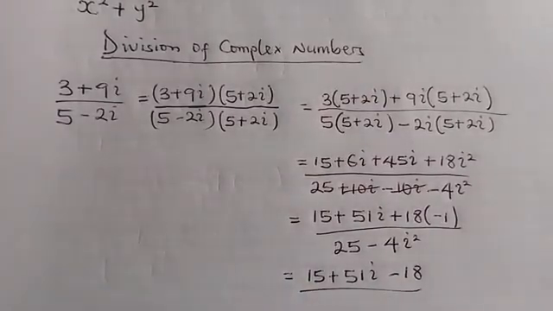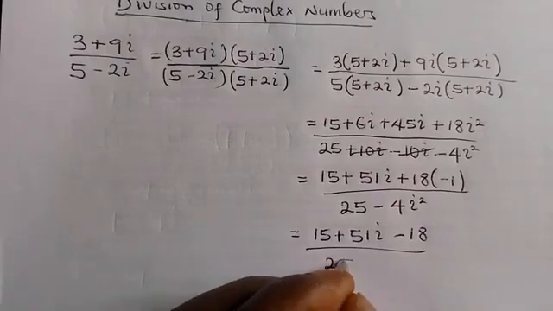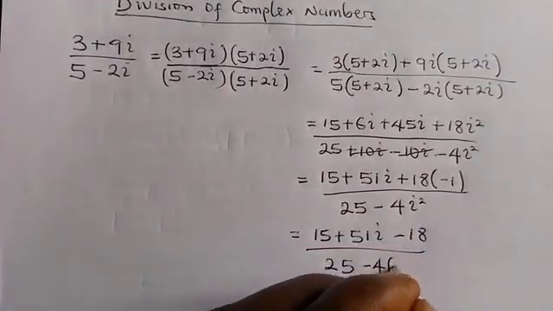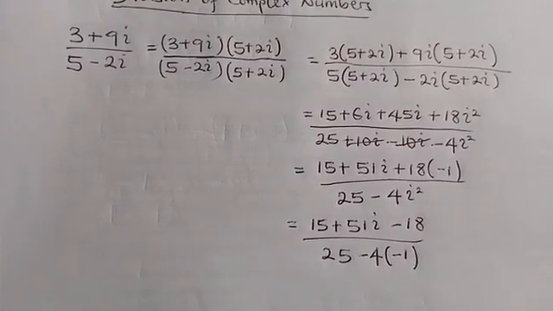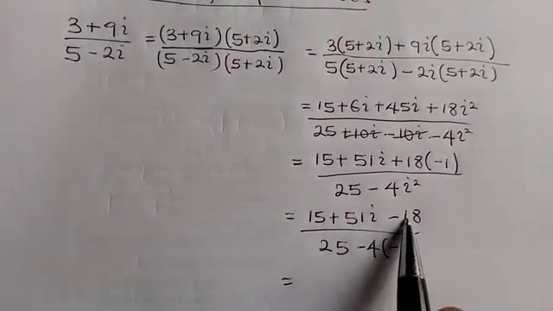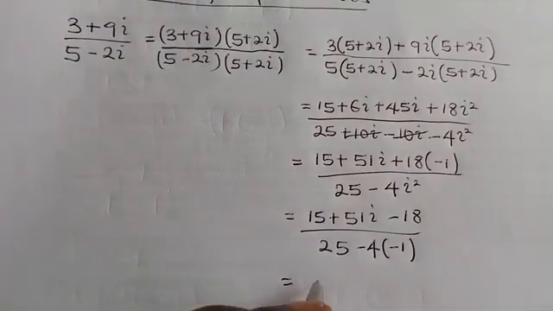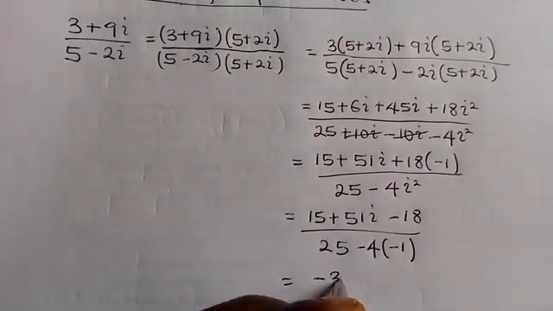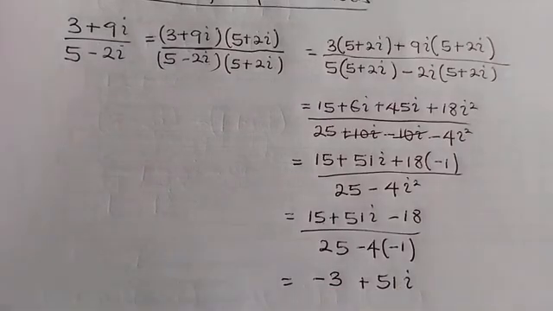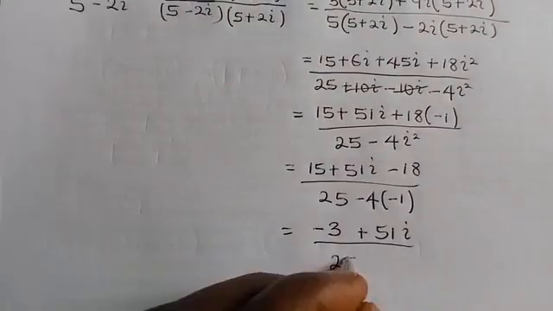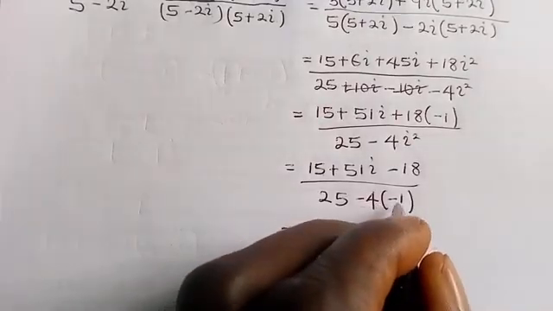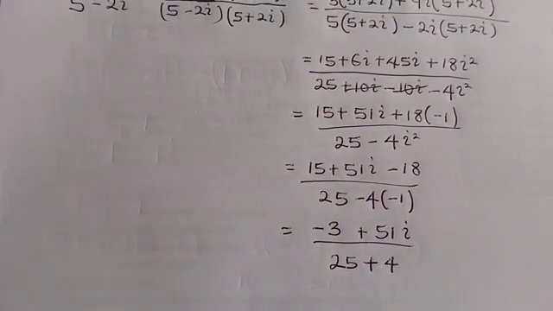Then we'll divide this by 25 minus 4i squared, and i squared is equal to minus 1. Right? So that we have 15 minus 18, that will be minus 3. So we'll have minus 3 plus 51i divided by 25 plus, that's minus 4 times minus 1 will give us plus 4.